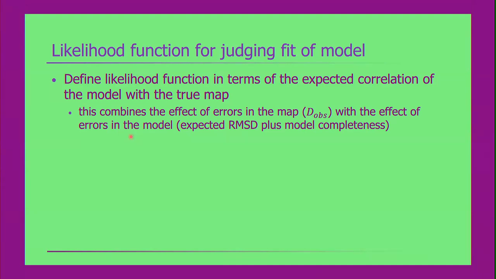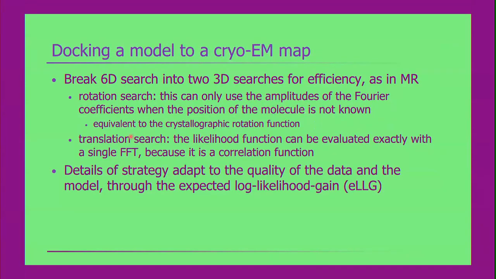We can say if our model accounts for a certain fraction of the total content of that map, and it has a certain RMSD error, we can predict the quality of that model and combine that with the errors in the map to get the terms that we need to calculate a likelihood function. I'm not giving you the equations because if you're interested, they're in the papers, and if you're not interested, you'll just be bored. So then we've got the likelihood function.